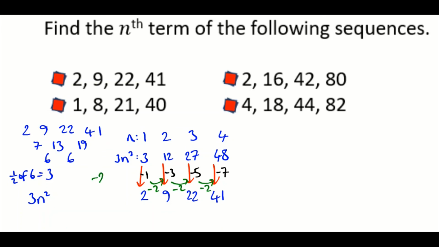So we've got -2n, and then if we go in the other direction to get the 0th term, -1 plus 2 would be 1. So -2n plus 1. So our final answer is made up of 3n squared minus 2n plus 1.